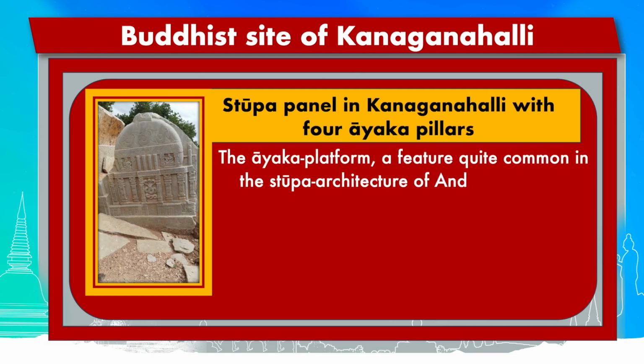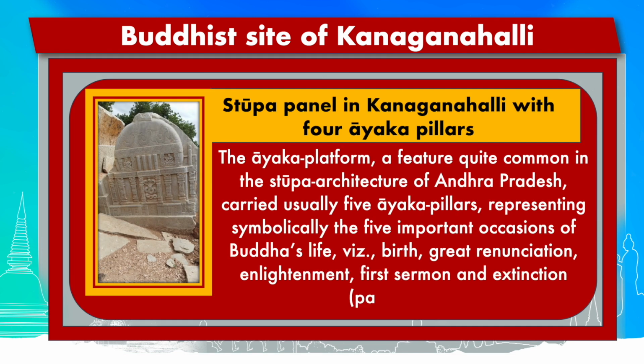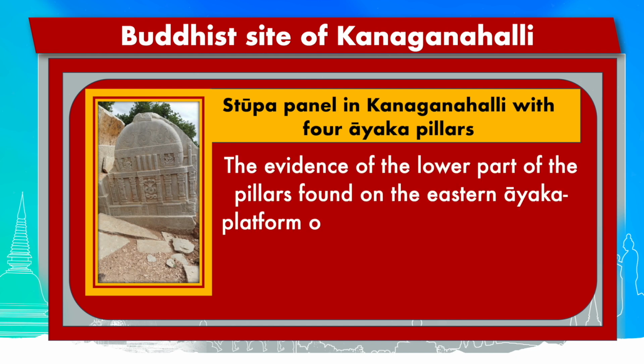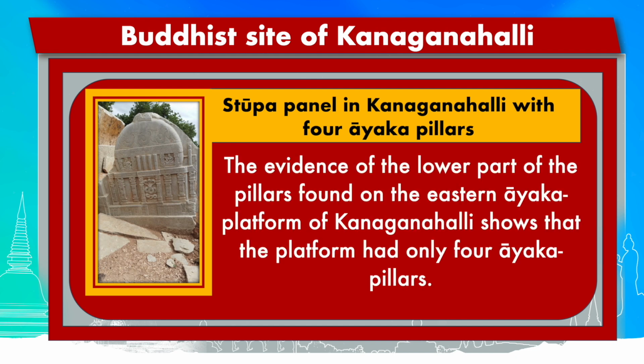The ayaka platform, a feature quite common in the stupa architecture of Andhra Pradesh, carried usually 5 ayaka pillars representing symbolically the 5 important occasions of the Buddha's life, that is birth, great renunciation, enlightenment, first sermon, and extinction, that is parinirvana.